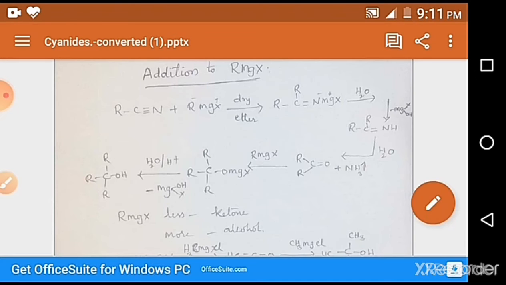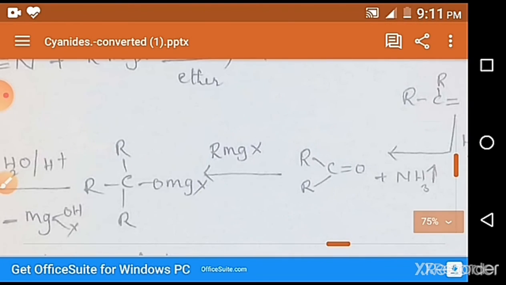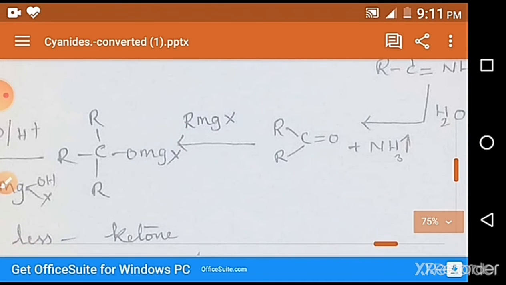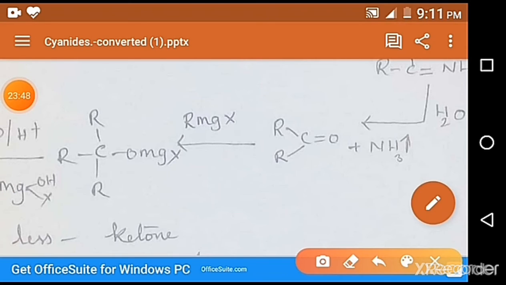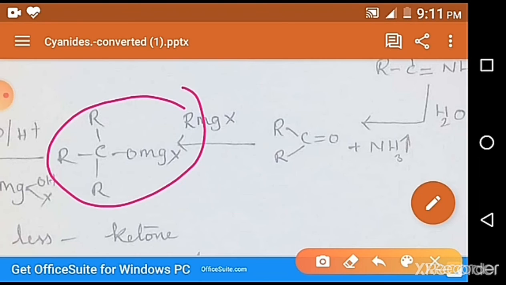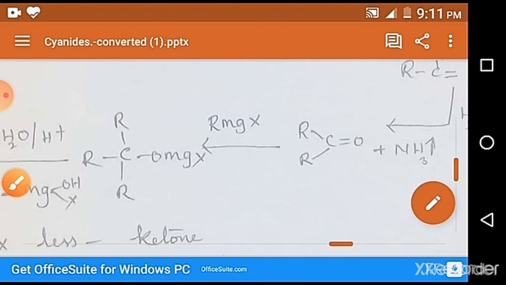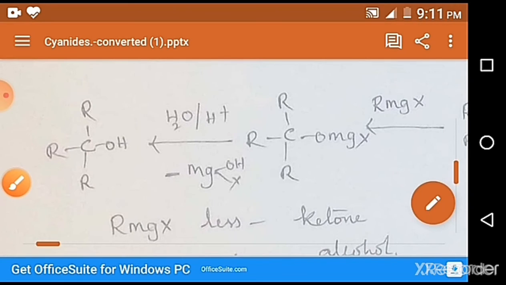In the first step we get a carbonyl compound, maybe an aldehyde or a ketone. This ketone on addition reaction with RMgX gives the corresponding addition complex.